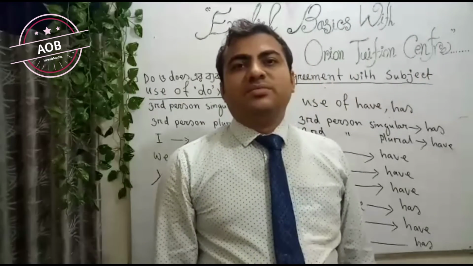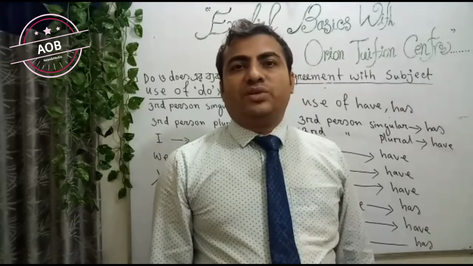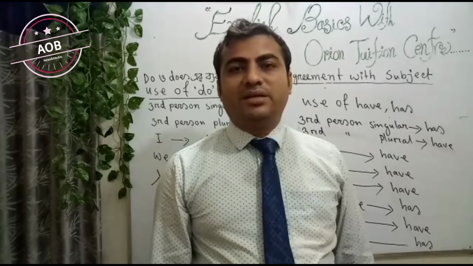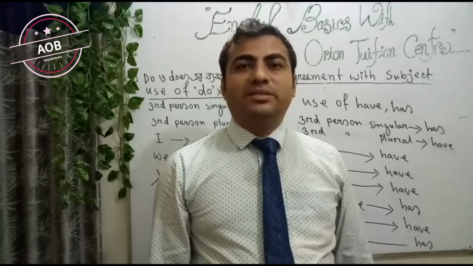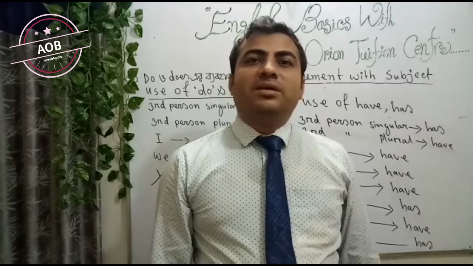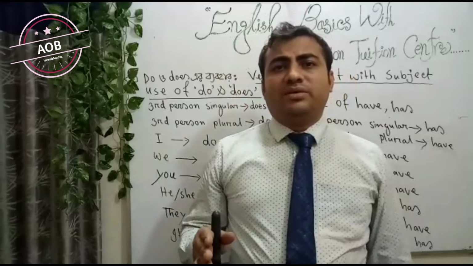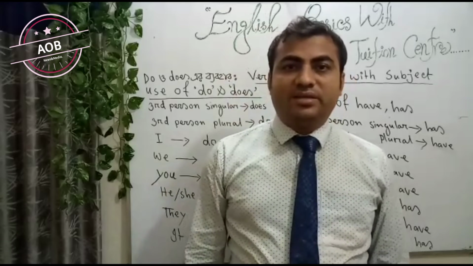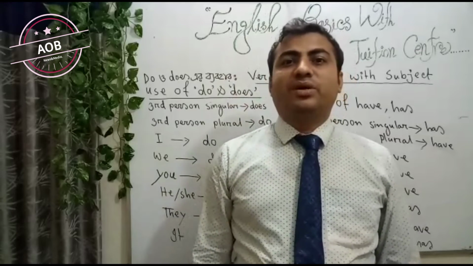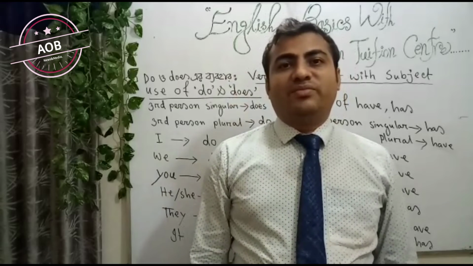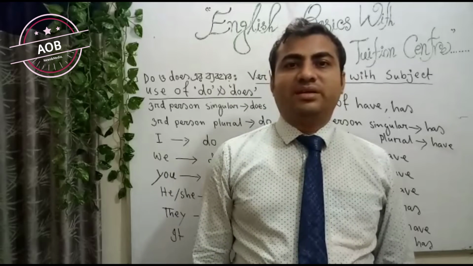The learners, we can use another auxiliary verb, that is had. You know that had is used both in singular and plural. So if the subject is singular, you have to use had. Again, if the subject is plural, we can use the verb had.